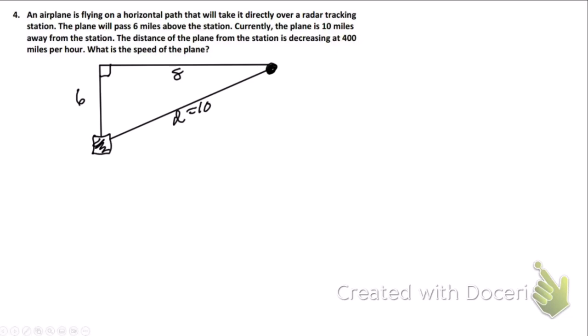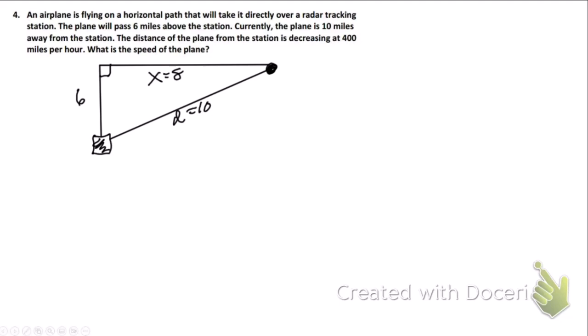That's our hypotenuse. That distance is decreasing at 400 miles per hour. How fast is the plane going? If we call this x up here, first of all, the plane's going in a horizontal line, so is the 6 mile height going to change?